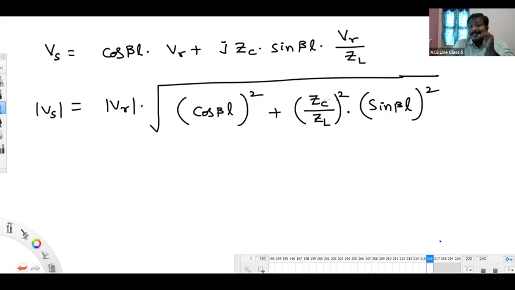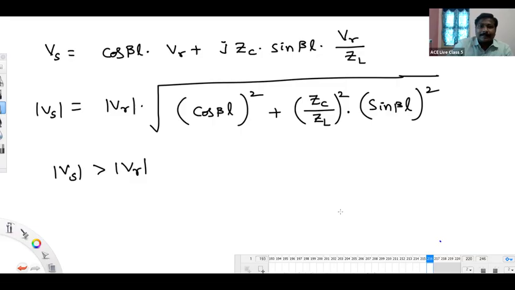But now Zc by ZL is greater than 1, so this whole number will definitely be greater than 1. Vs equals VR into a number more than 1, so Vs will be greater compared to VR.